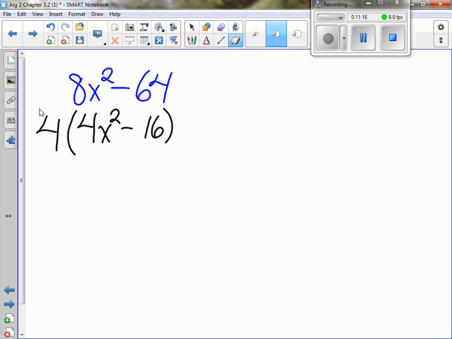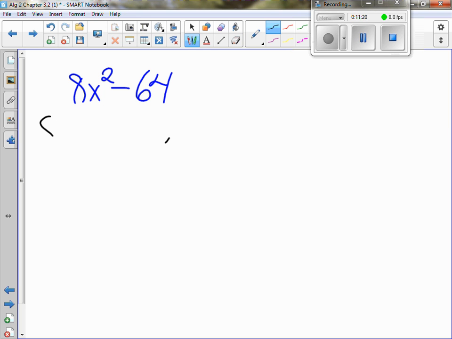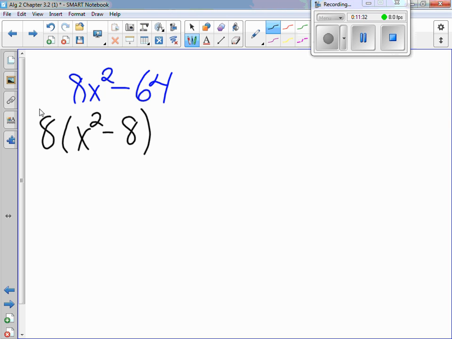Actually, let's take it all the way down. Let's actually do 8. Which would really leave us with x squared minus what? Could that be 8? But x squared minus 8 doesn't work, does it? Because we already know 8's not a perfect square. 4 would. Somehow, it's kind of magical this way here.